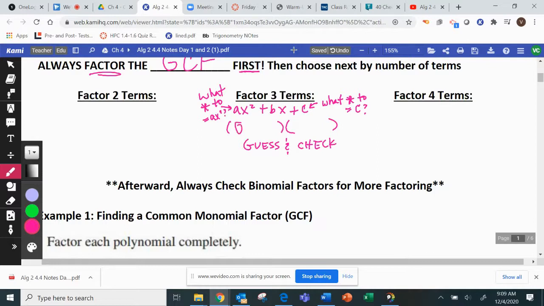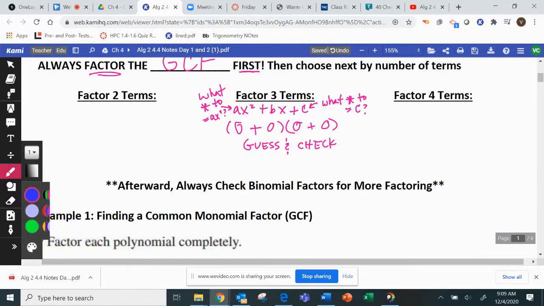We're going to put those things in there. We've got some signs in there, and then we've got to guess and check it. We're basically guessing what goes in there, and we're checking to make sure that it multiplies back together. Okay, we've done that a bunch. We'll do some more of that today.